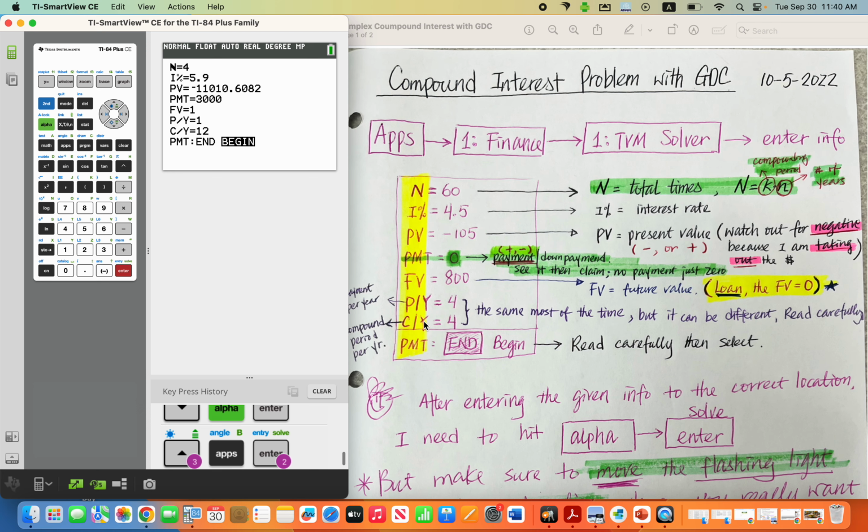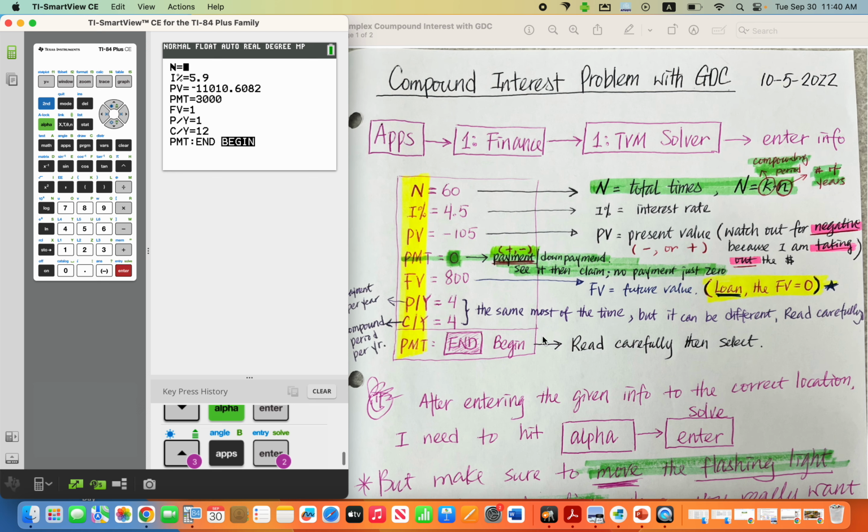Most of the time, those two numbers will be the same, until you see something special about the payments per year and the compounding periods per year, then you change the number. The very last one about the payment is whether you're going to make the payment at the end of the year or at the beginning of the year. So that information comes from the reading.